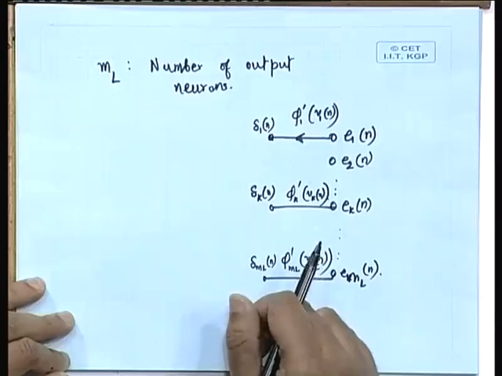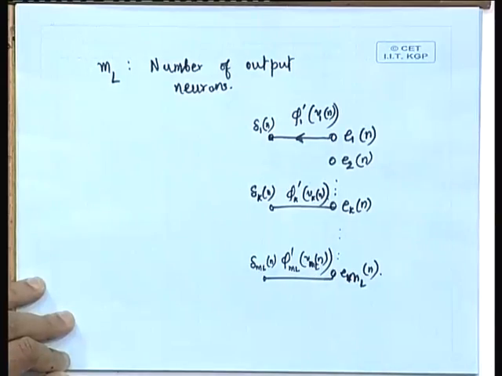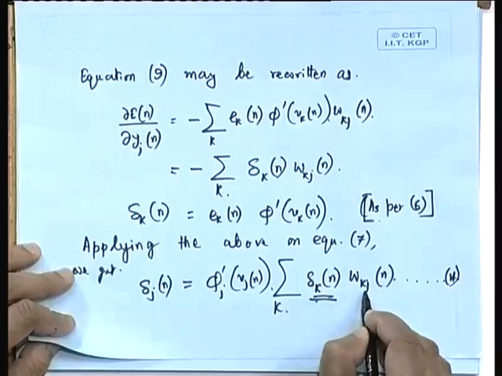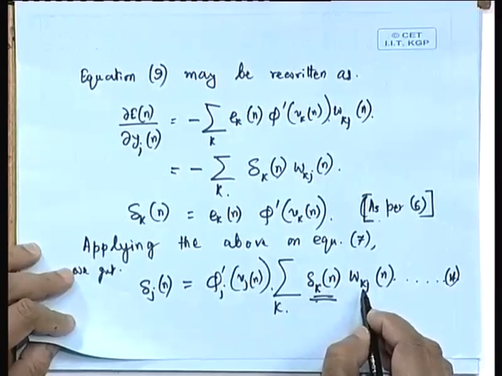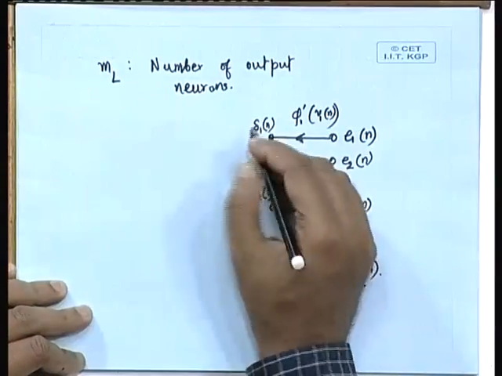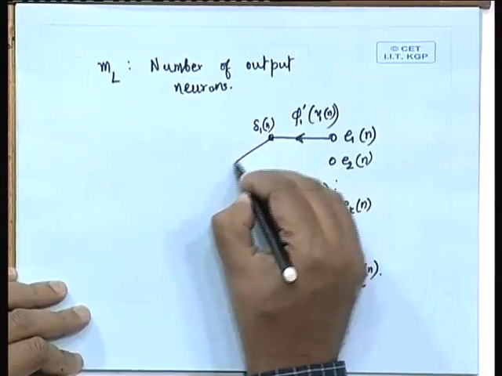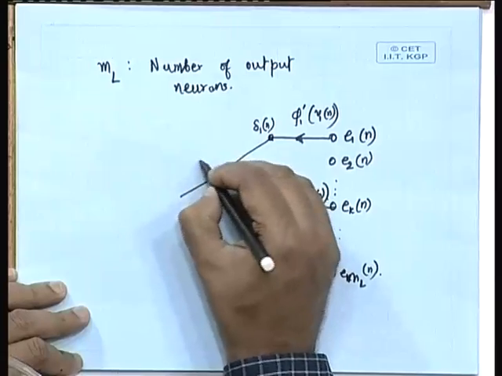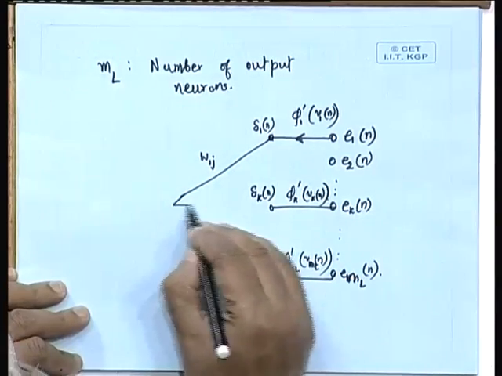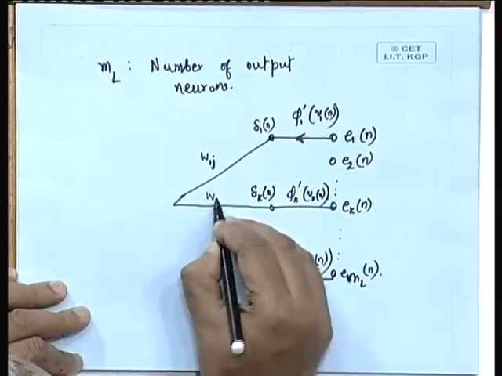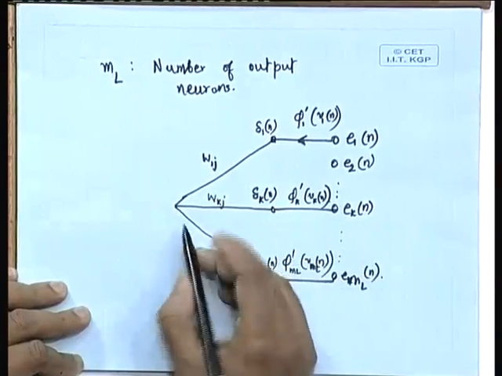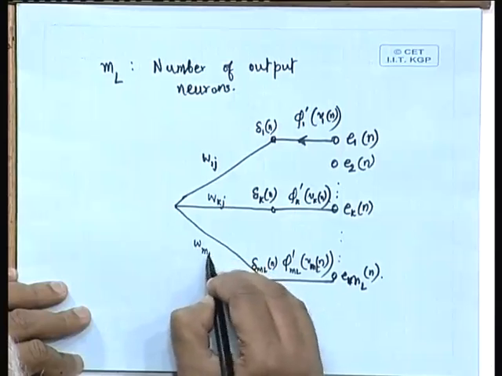These delta k's we have got have to be multiplied by WKJs. So the first term will be multiplied by W1J, the kth will be multiplied by WKJ, and the mlth term will be multiplied by WMLJ.